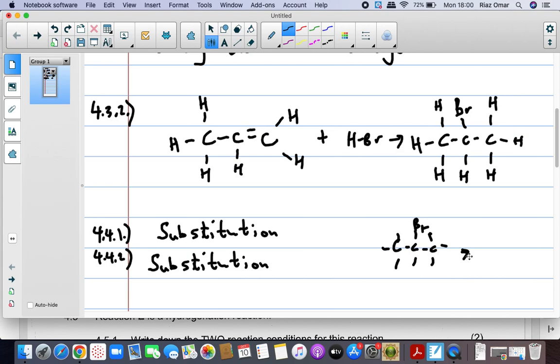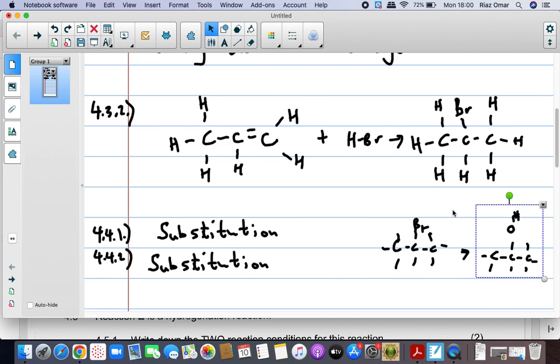Now the bromine is taken off, and instead of the bromine you get the OH group attached here. Because the OH group is being attached here, you will know that it's also a substitution. The bromine is substituted by the OH group. So that's how you will do it.